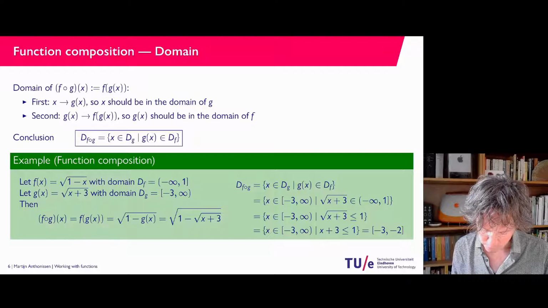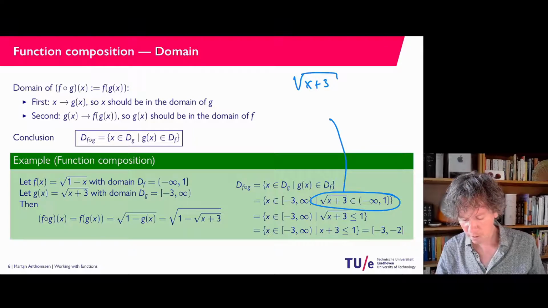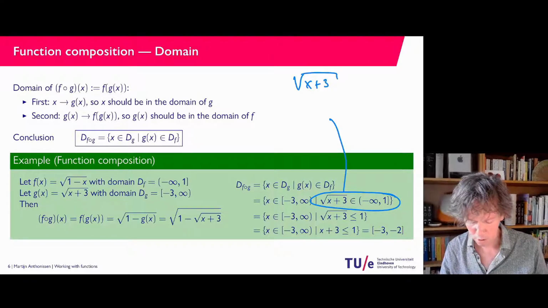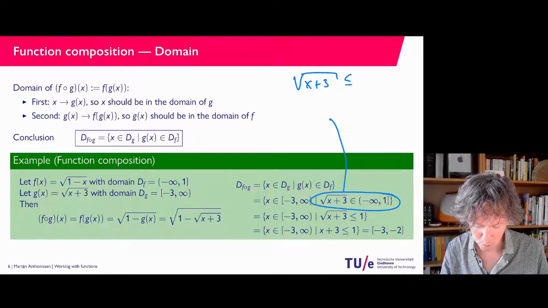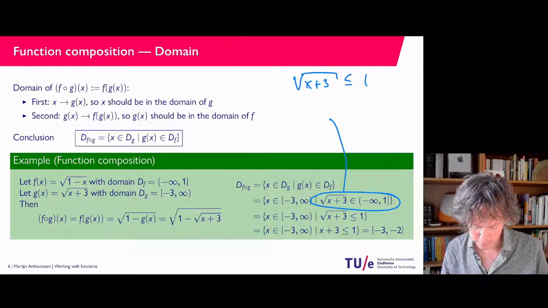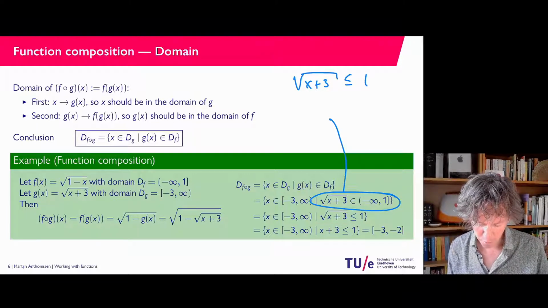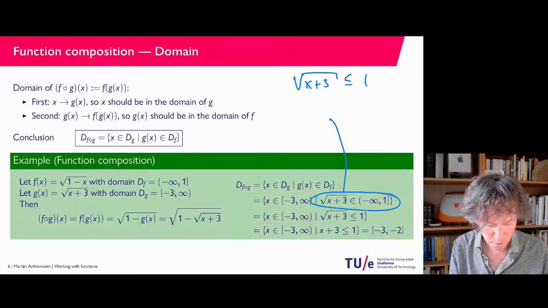The square root of x plus 3 should be from minus infinity to 1, so less or equal 1. And that gives you in the next line that x plus 3 should be less or equal 1. And then we have all the x's from minus 3 to infinity.